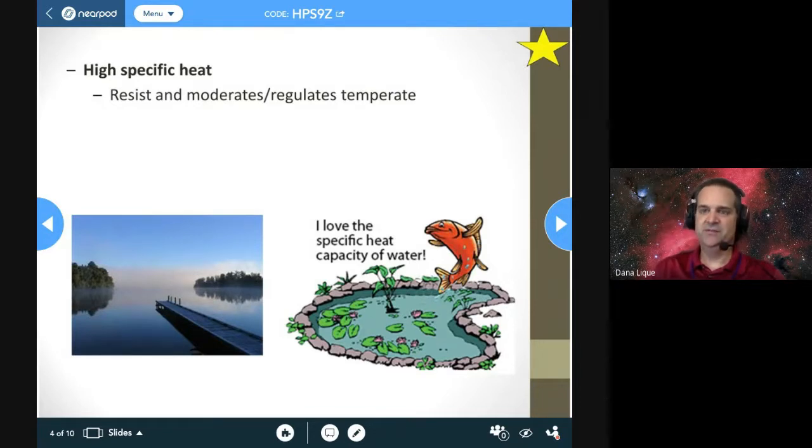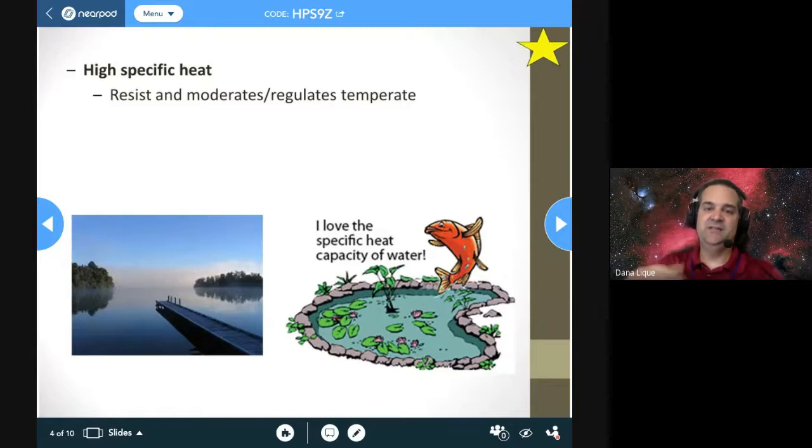So, for example, say it's 90 degrees, and the temperature of the ocean is like 87 degrees, and all of a sudden a cold front comes in and drops down to 70. Okay, the ocean isn't going to drop to 70 degrees. It'll resist that temperature change.